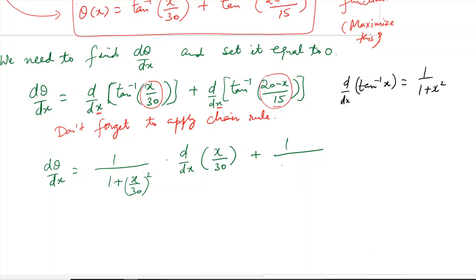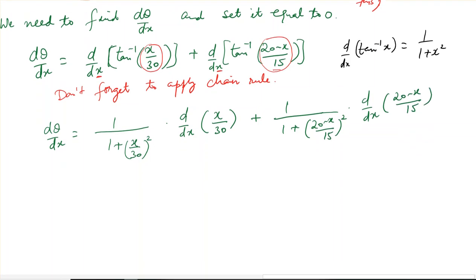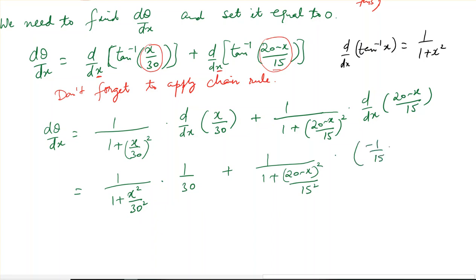So it would be 1 over 1 plus angle squared, and since this angle is something else, we need to take the derivative of the inside function. So from here we got 1 over 1 plus (x over 30) squared, times 1 over 30. Similarly, 1 over 1 plus ((20 minus x) over 15) squared, times negative 1 over 15.